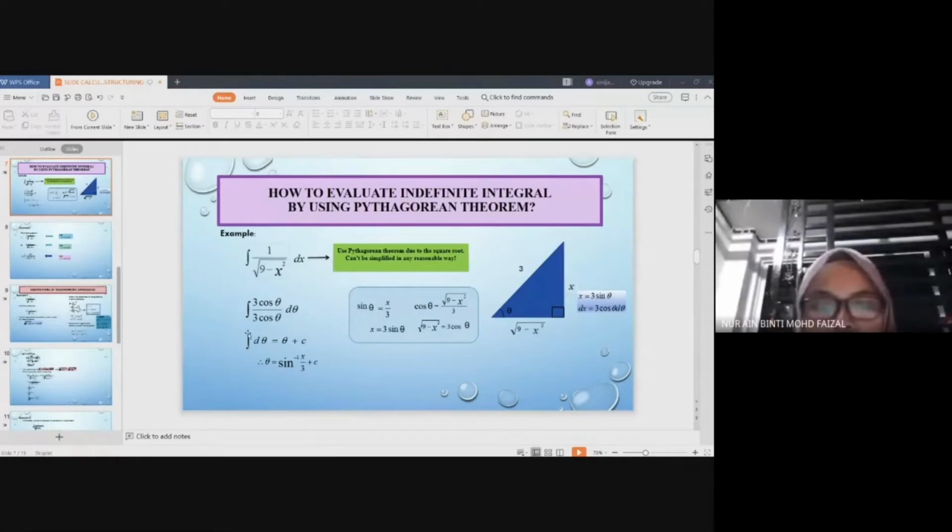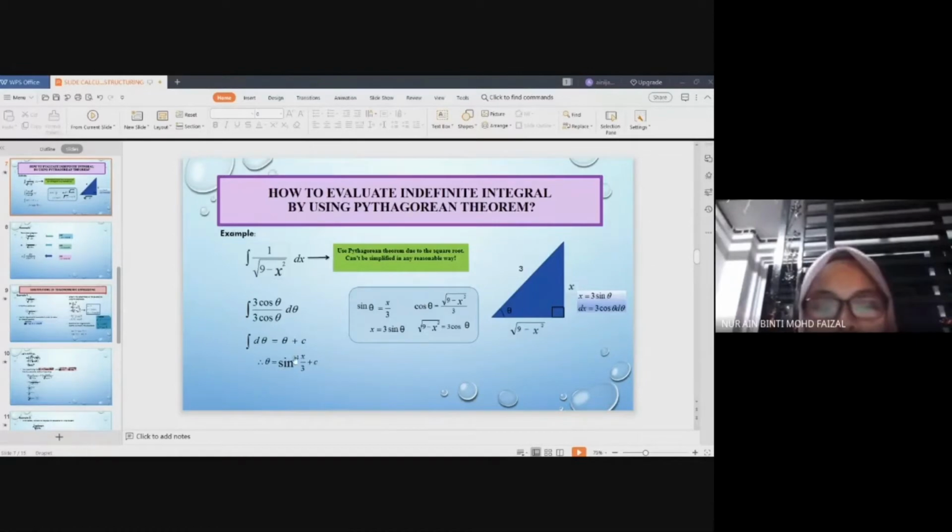You just integrate this: 3 cos theta over 3 cos theta is equal to 1. So you will get the integral of d theta, which is theta plus c, and you can see here theta is equal to inverse sine of x over 3, plus c.